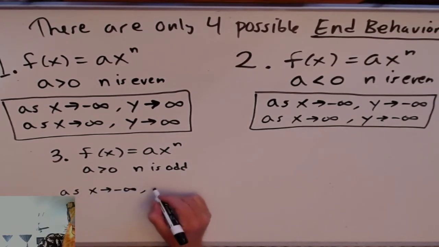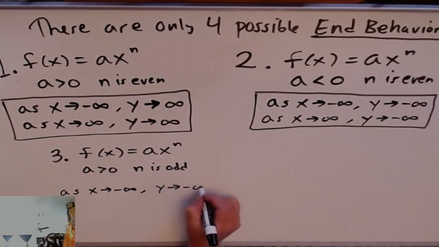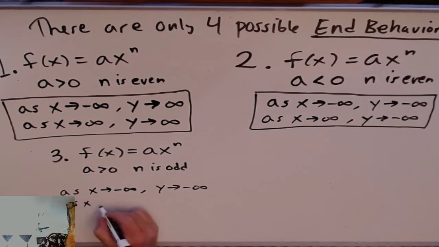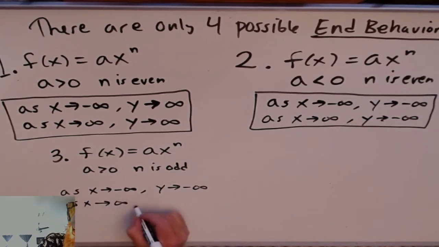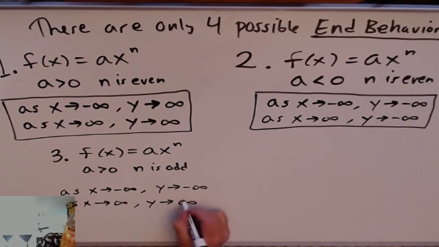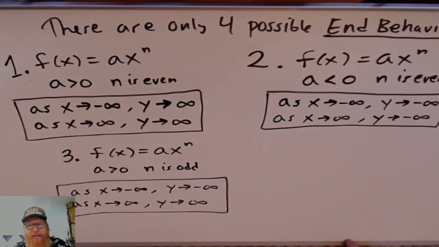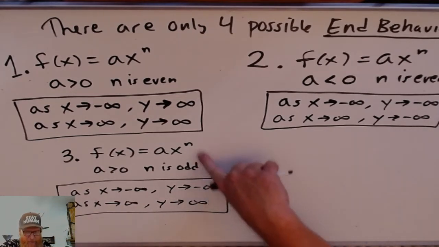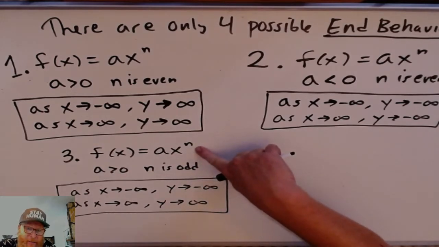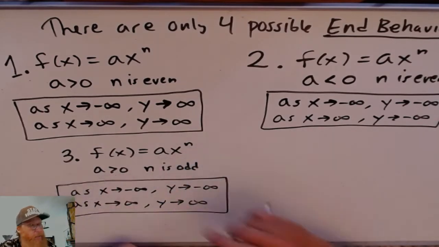I always do the left one first. This is exactly like the linear function that I did, the straight line, because a straight line is definitely odd, with a positive leading coefficient.